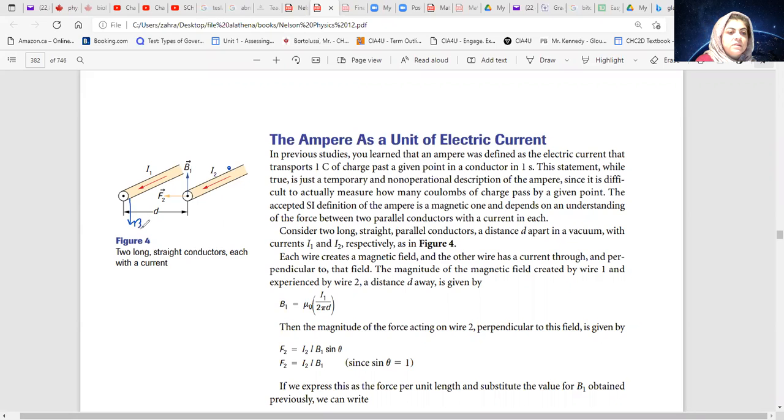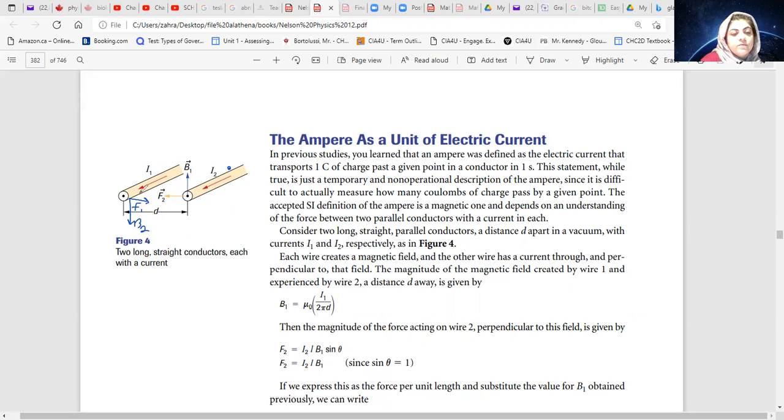This is B2. This is the magnetic field that I2 will produce on I1. Now, I put my forefinger down and my thumb in the direction of the current. Now my palm is facing this direction, meaning the force will be here. This is F.